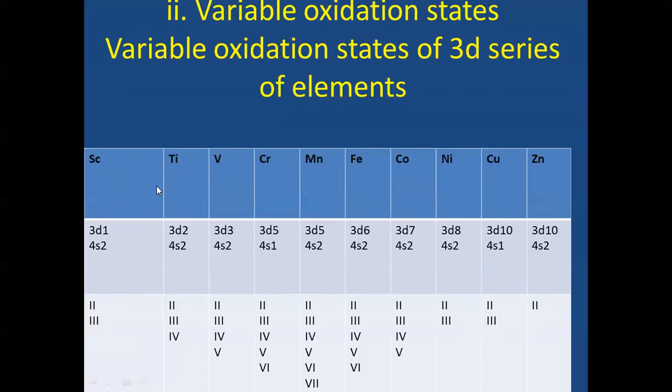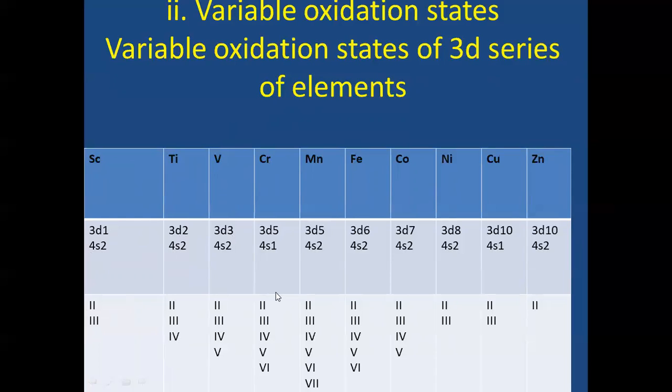In the case of copper, it is +1 and +2: cupric, cuprous. In the second element, we have 2, 3, 4. Here it is because of 2 + 2, 4. 2, 3, 4, 5 in the case of vanadium. Chromium 2, 3, 6.